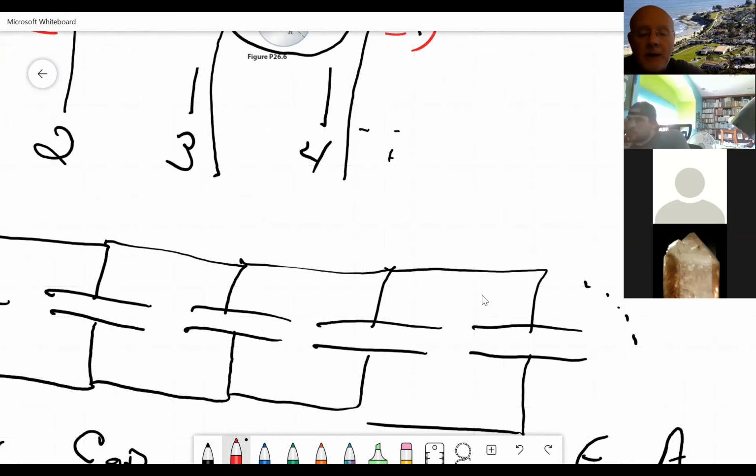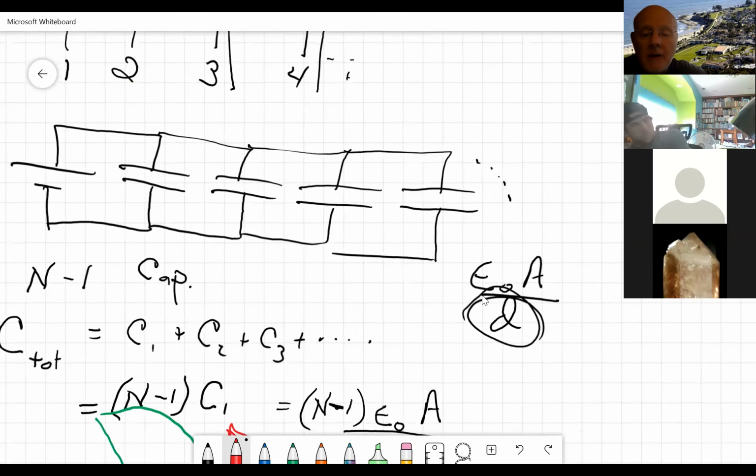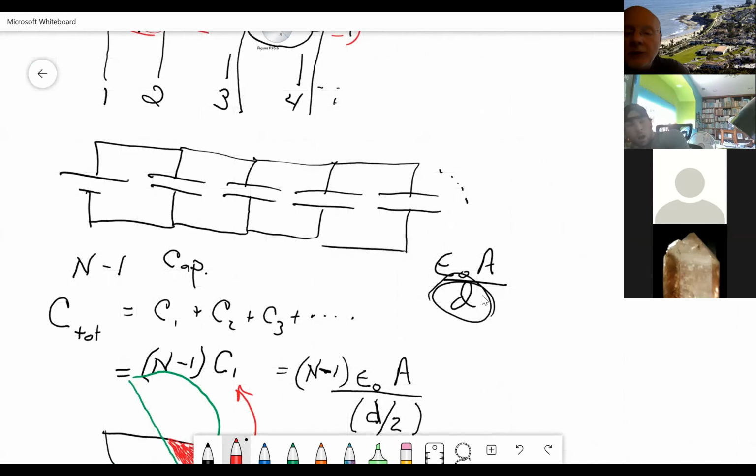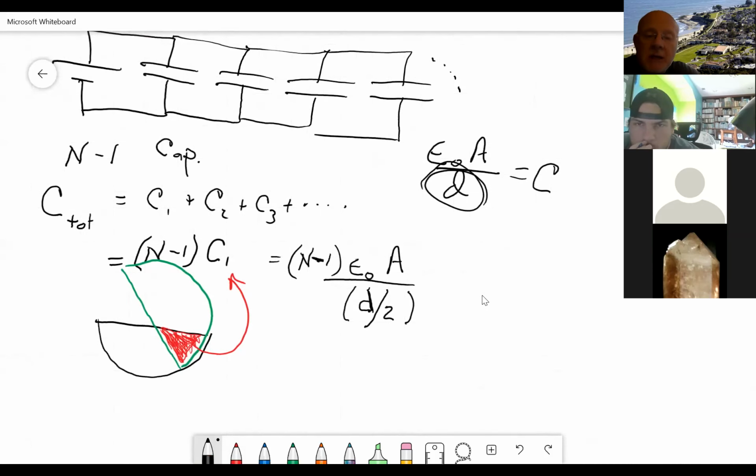Okay. So when I come down here to do this calculation for the capacitance of a parallel plate, this is where I get to use that phrase again. You don't want to ever just plug and chug. You don't want to have an equation that has a D in it, and then you have a problem that has a D in it, and you go, oh, that's the same number.